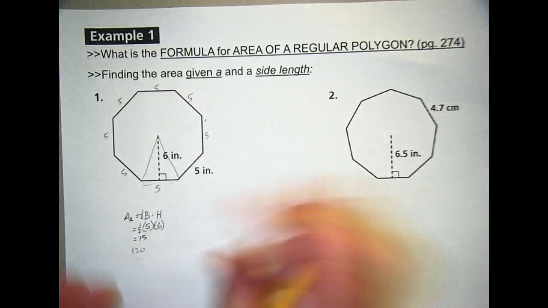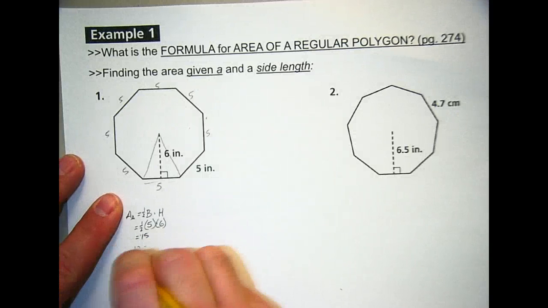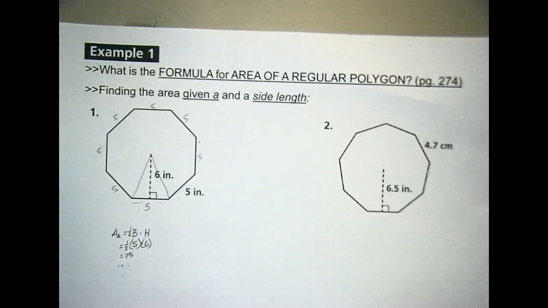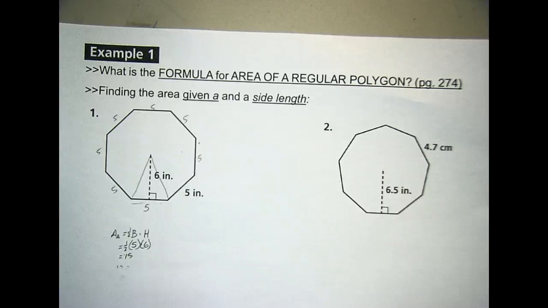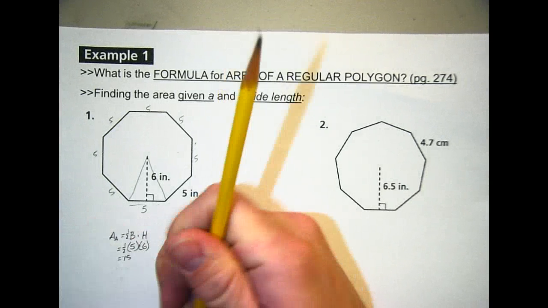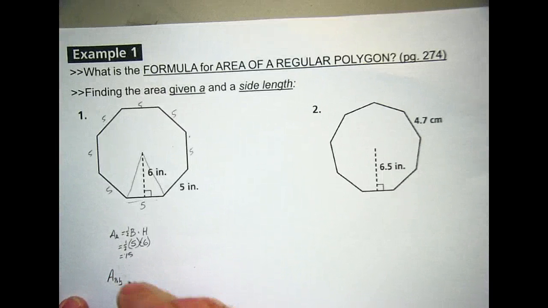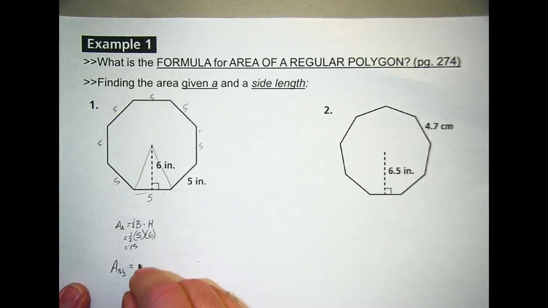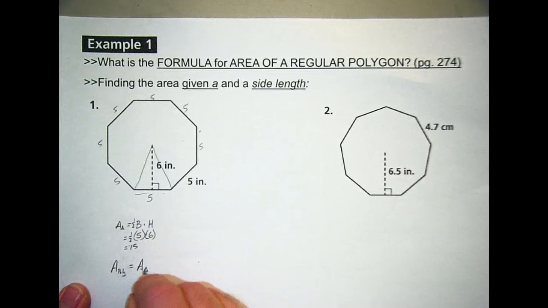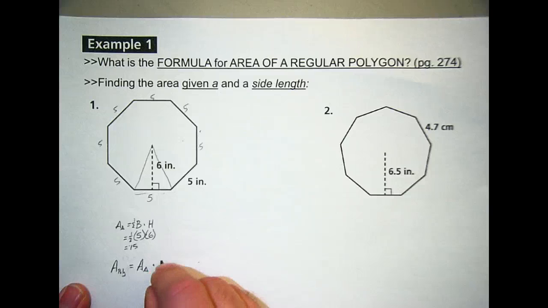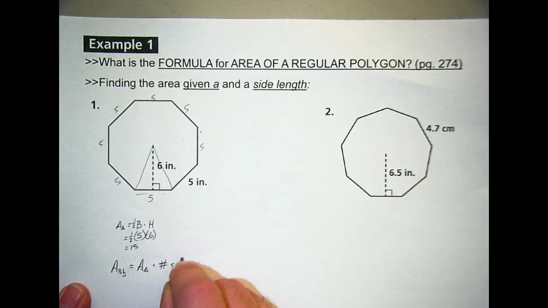So how did we end up with 120 then? We multiply that area, 15, by the number of triangles, or the number of side lengths, the number of triangles that make up the shape. So the area of your polygon is equal to the area of the triangle times the number of sides. Everyone agree with that?